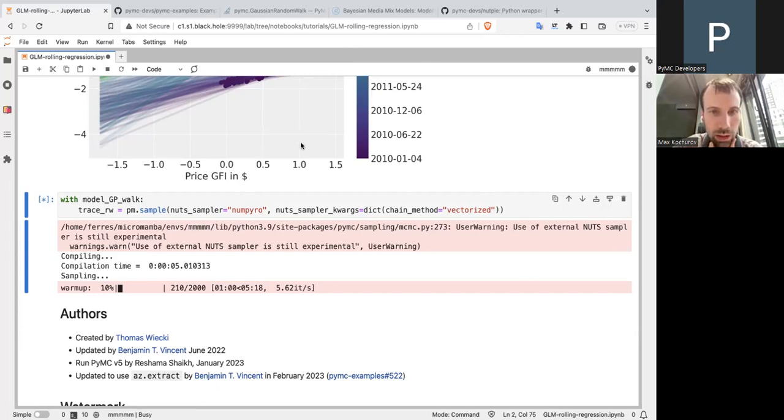So it seems one CPU core is doing the whole job. Interesting.